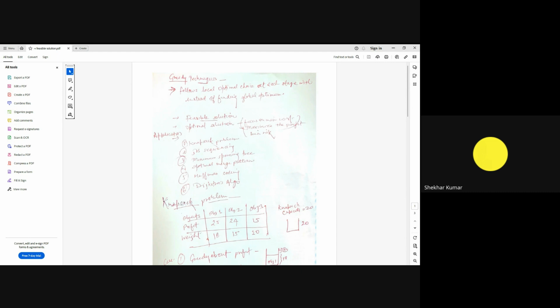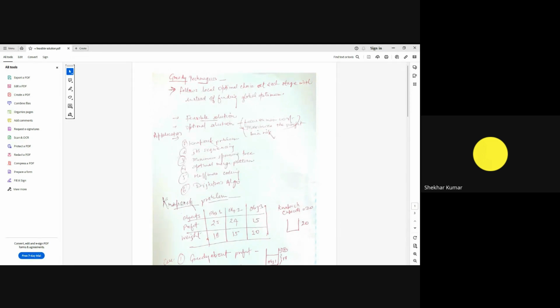The first application is the knapsack problem. In the greedy approach, the knapsack problem is also called the fractional knapsack problem, because the knapsack problem is also solved through dynamic programming. The problem which we solve through greedy techniques is called the fractional knapsack problem, and the other is the 0-1 knapsack problem.